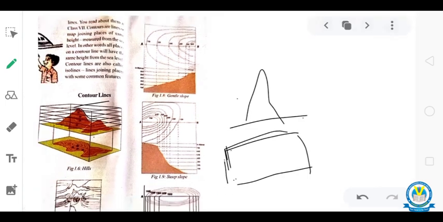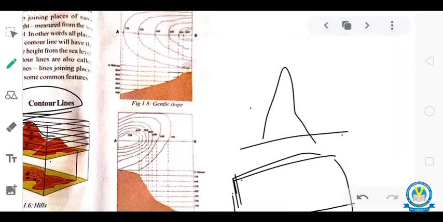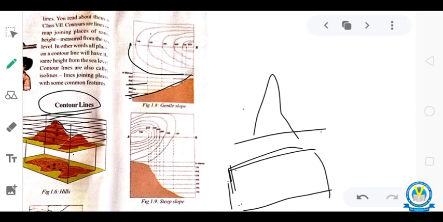The map makers use contour lines. You can calculate the mountain height from these symbols presented in maps, so it helps to find which height that mountain has.